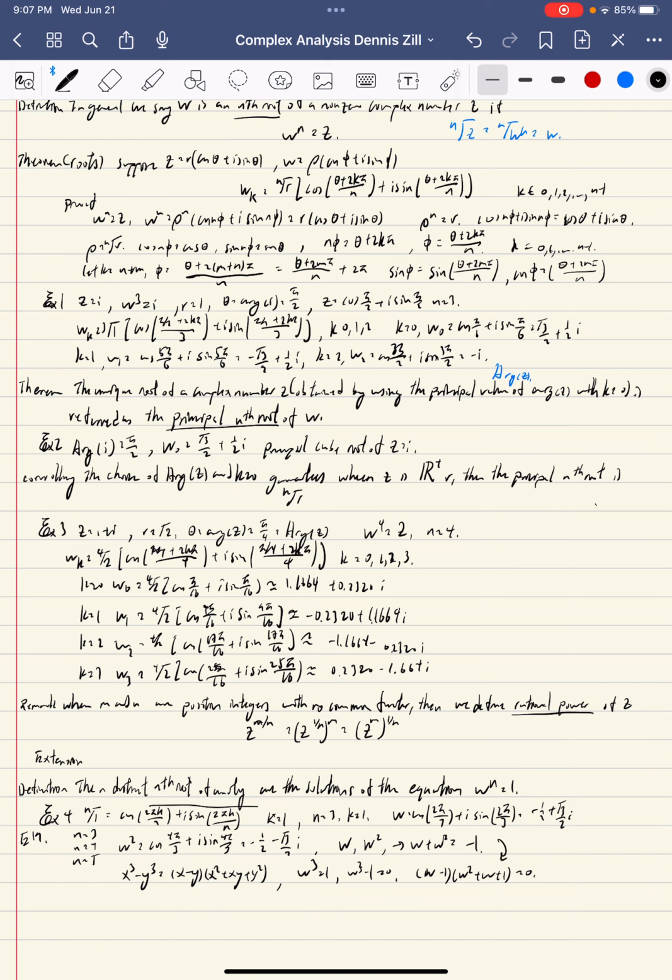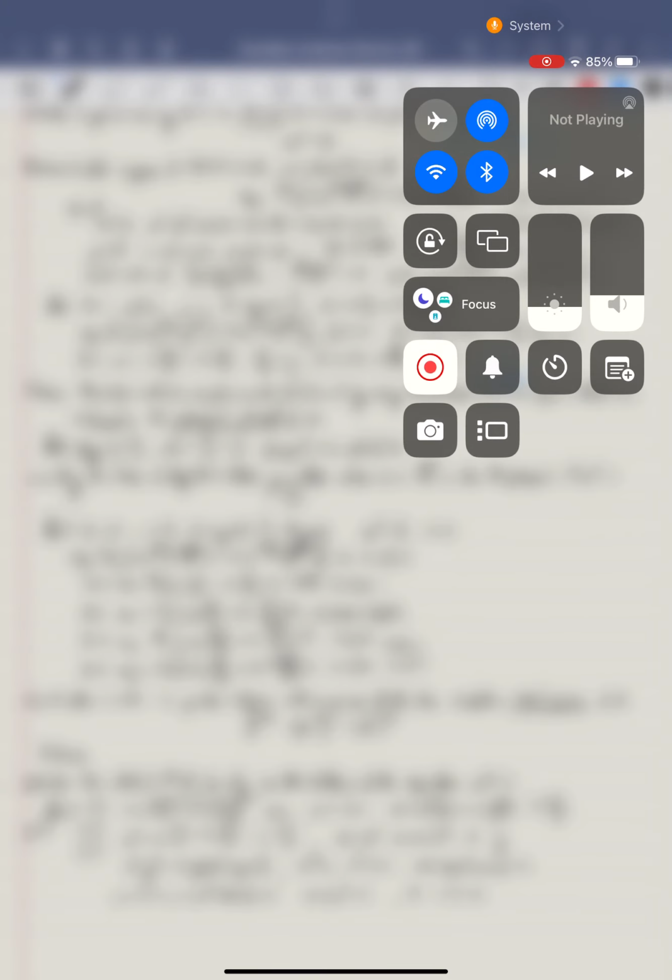Then that means it's either w minus 1 is equal to 0, or w squared plus w plus 1 is equal to 0. But didn't we just say w plus w squared is equal to -1, right? And then you add 1, so, well, we can just substitute: -1 plus 1 is equal to 0. So now the proof is complete, right? And that is chapter 1.4.